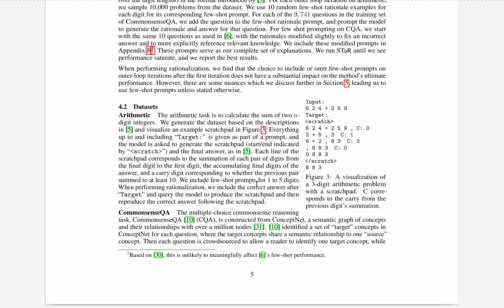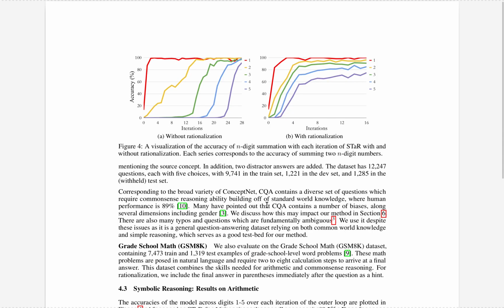Then each question is crowdsourced to allow a reader to identify one target concept while mentioning the source concept. In addition, 2 distractor answers were added. The dataset has 12,247 questions, each with 5 choices, with 9,741 in the train set, 1,221 in the dev set, and 1,285 in the withheld test set.